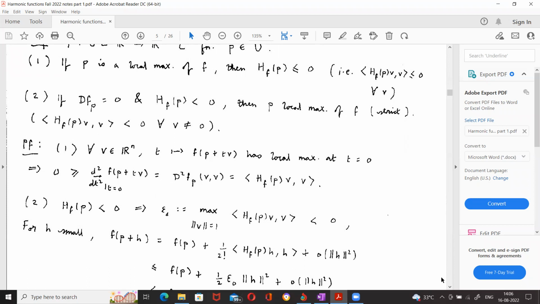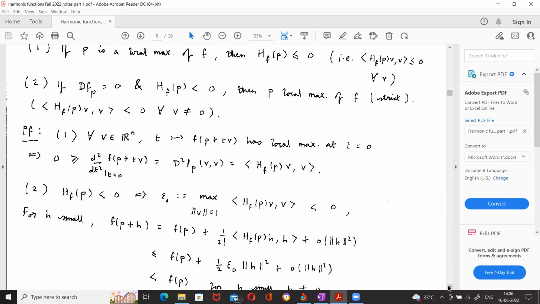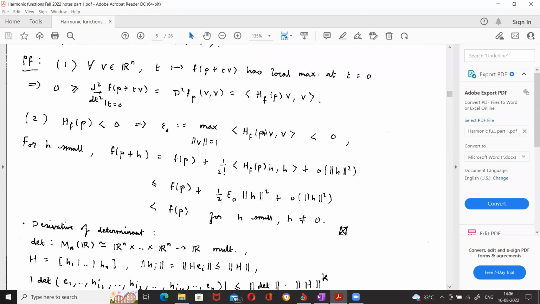And conversely, if the Hessian is negative definite, then the associated quadratic form restricted to the unit sphere is negative everywhere. Therefore its supremum, if I call it epsilon naught, is strictly negative.